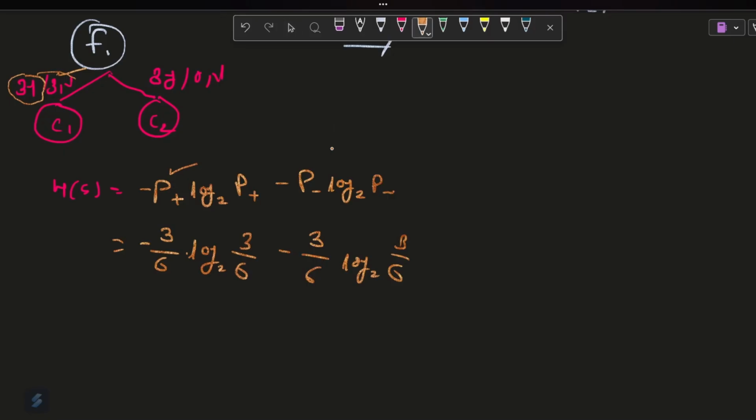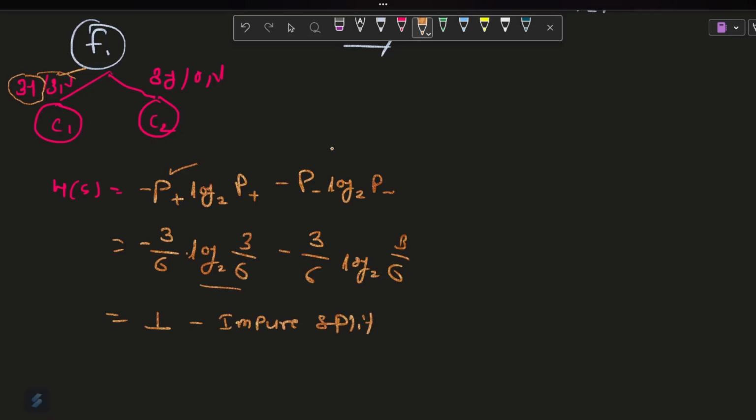That's for class 1. If we calculate that, using the logs of all the terms, we get 1. One means it is an impure split. There are no boundaries, right?